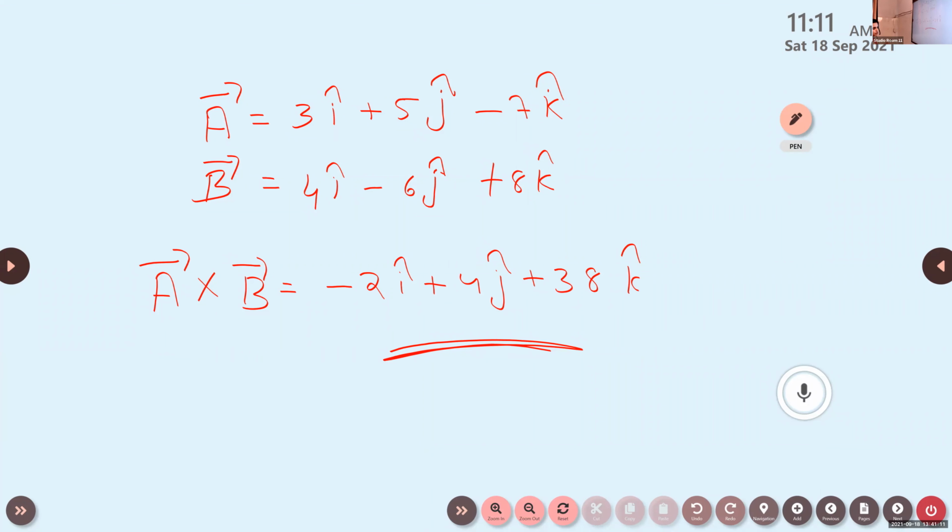Negative 2I plus 4J plus 38K, right? What about the others? Yes, Jewel. Minus 2I cap plus 4J cap plus 38K cap, right? Okay, what about the others? Is the answer right or wrong?